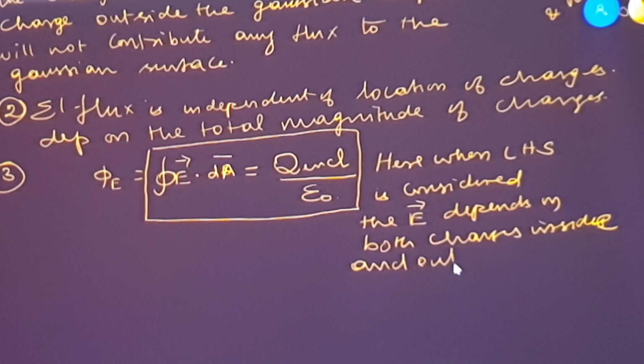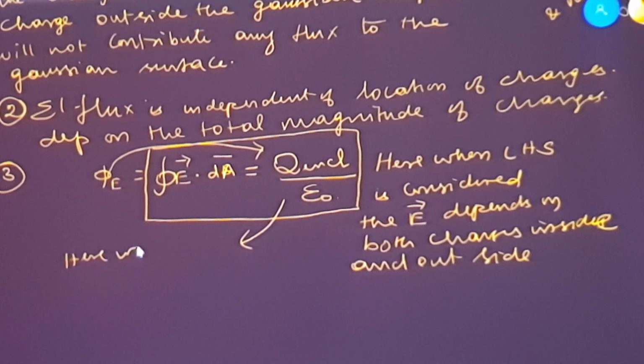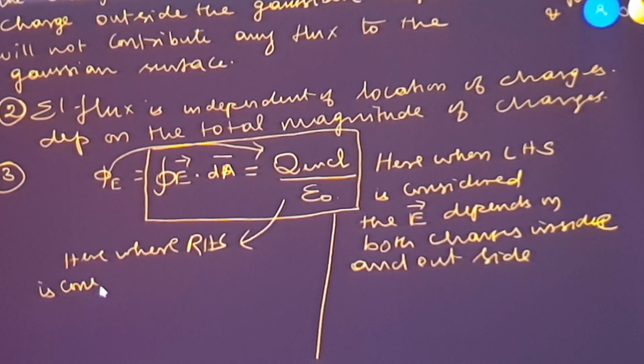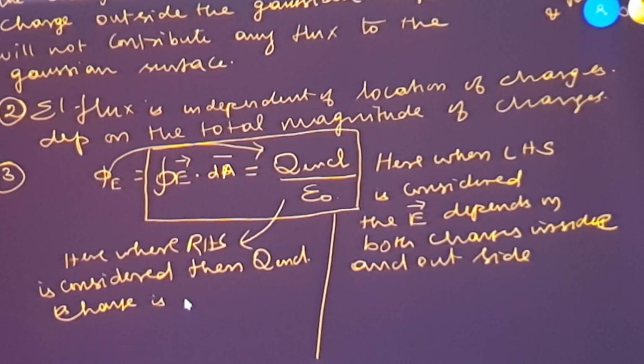This is one point. But when you are considering the flux according to Gauss law, when RHS is considered, the Q enclosed, the charge available, is only inside the Gaussian surface.